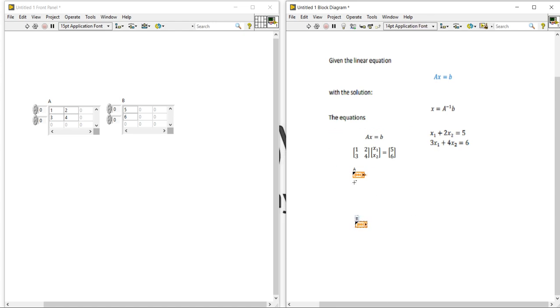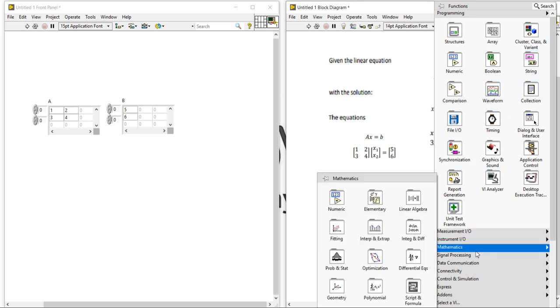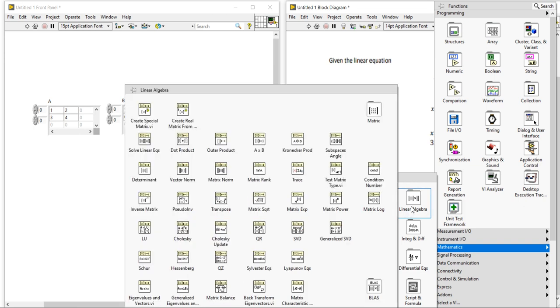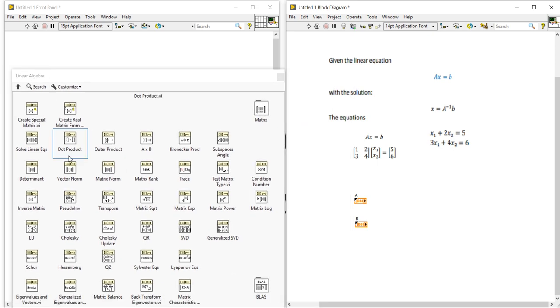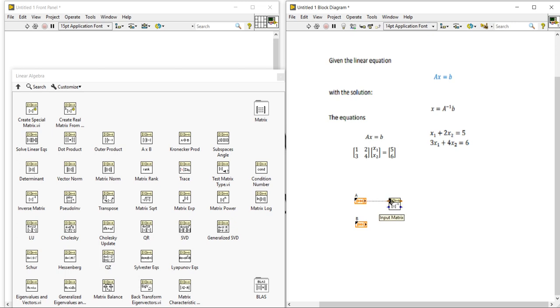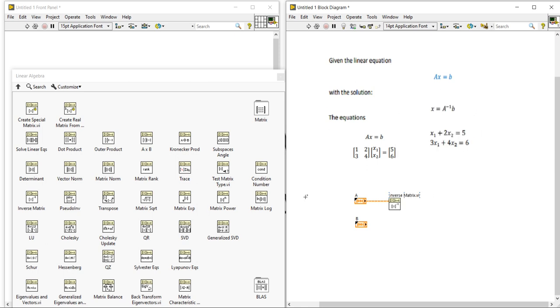For that, right click, come into Mathematics, Elementary and Linear Algebra, and take one inverse matrix function for the inverse of A. After that we need a multiplication function: inverse of A into B. This value will be the value of x.